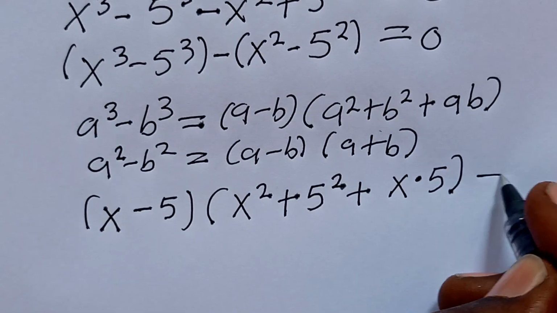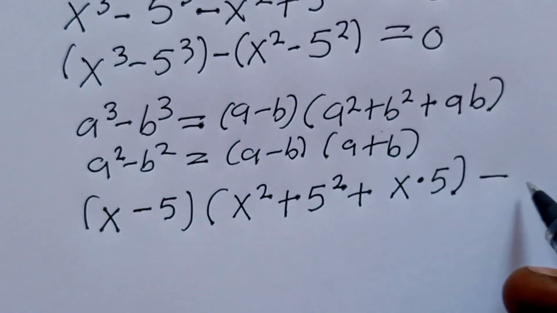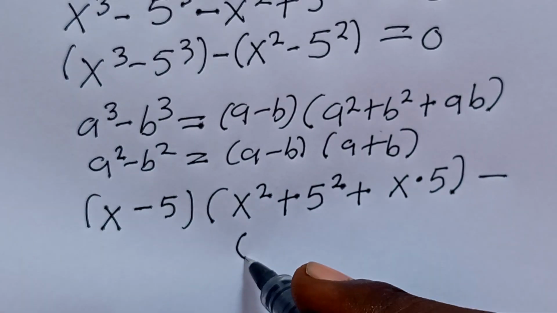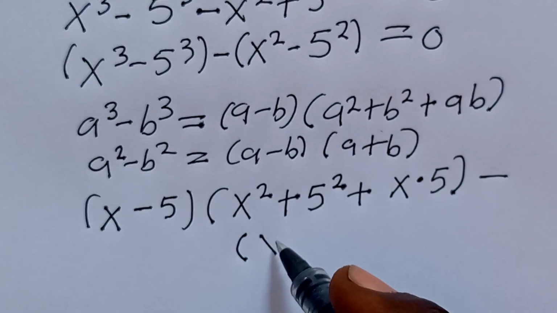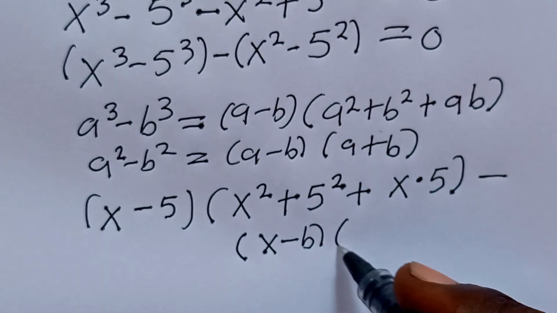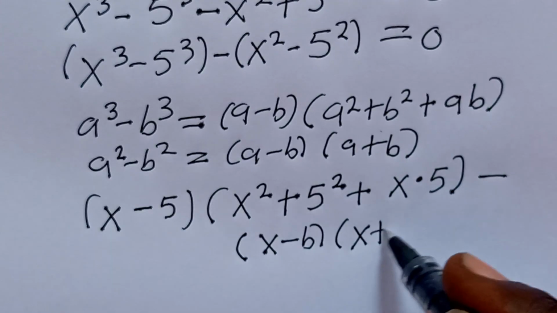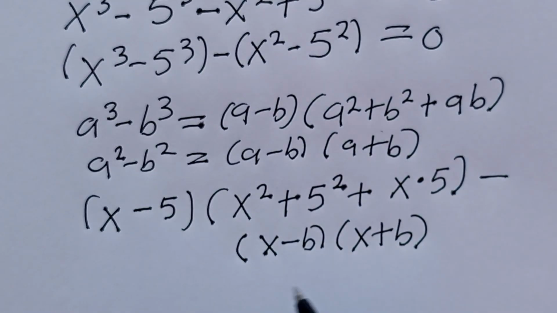So we now have minus, for the difference of 2 squares, it should be into the bracket of x minus b and x plus b. That's for the difference of 2 squares.